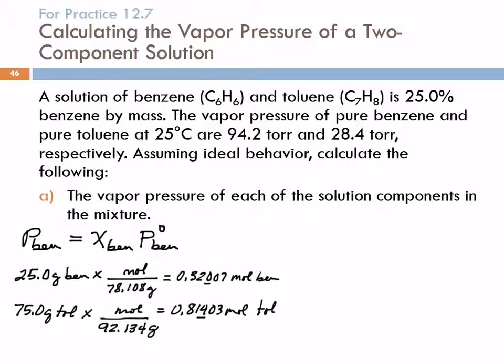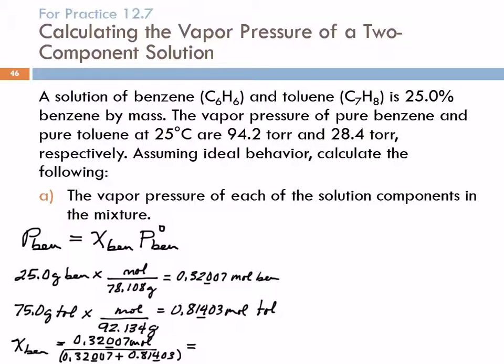So now we need the mole fraction of benzene. The mole fraction of benzene, chi ben, is going to equal the moles of benzene, 0.32007 moles, divided by the total number of moles: 0.32007 plus the 0.81403 moles.